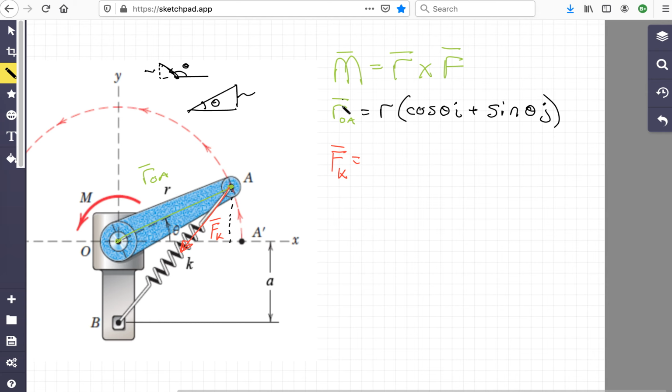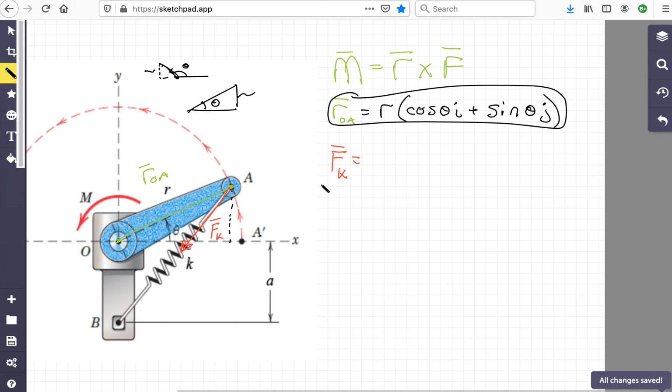But knowing this is it, this is all you need to do for the ROA vector. The force K is another story. So what we can do here is we can say that force of K, and that's the magnitude of this, times the n, or the unit vector, AB.